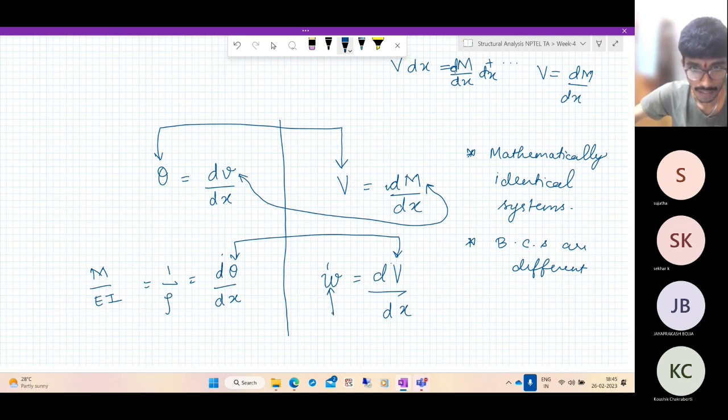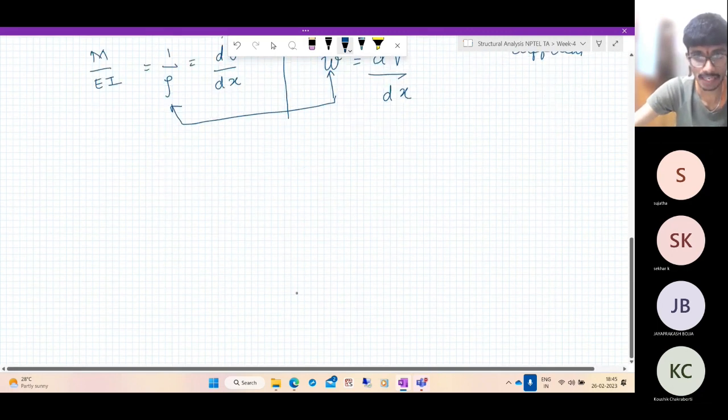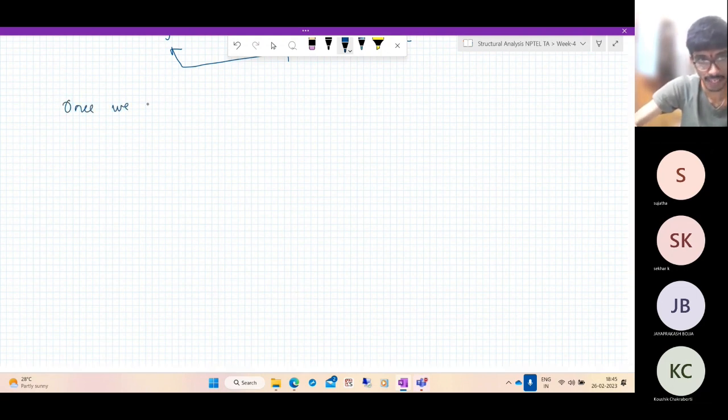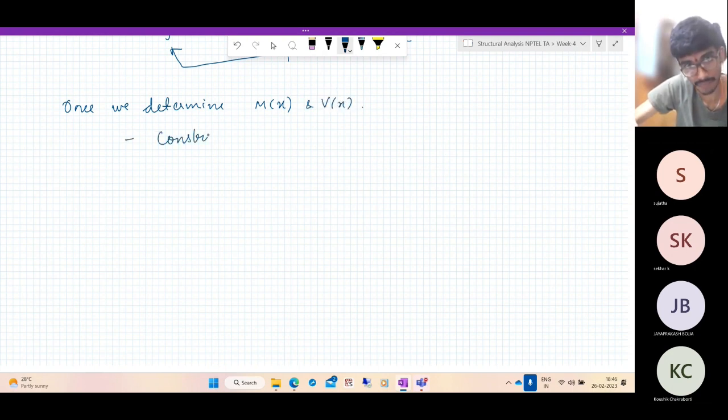In this case, what is W equivalent to? W is equivalent to the curvature. So the idea is this: once we determine the internal forces M of x and V of x, construct a conjugate beam. Why?